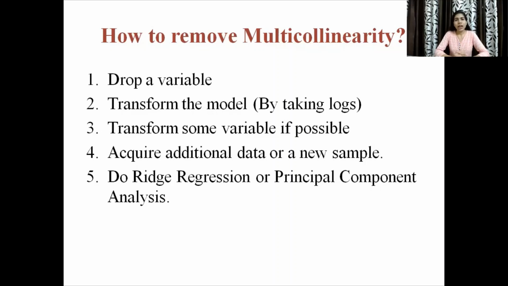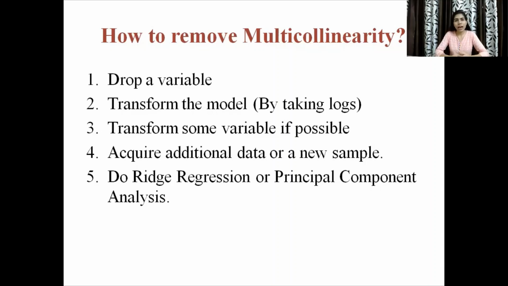Even if after using all these methods, you are not able to remove multicollinearity from your regression model, then in that case, theoretically, it is advised that you can continue with your model, because even if there is a presence of multicollinearity in the model, it still satisfies the BLUE property, that is best linear unbiased estimators. So you can proceed with that.